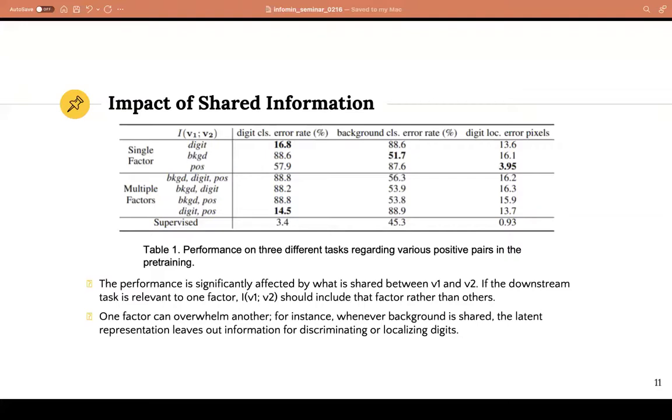Each column actually is a specific downstream task. For example, the first column is to recognize the digital class.